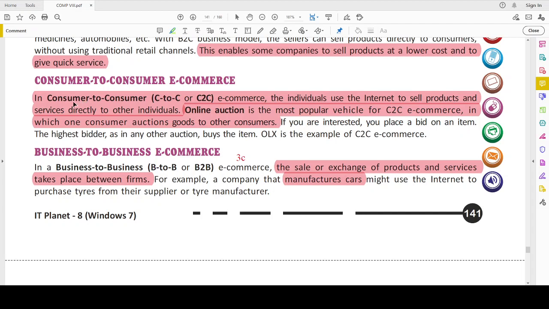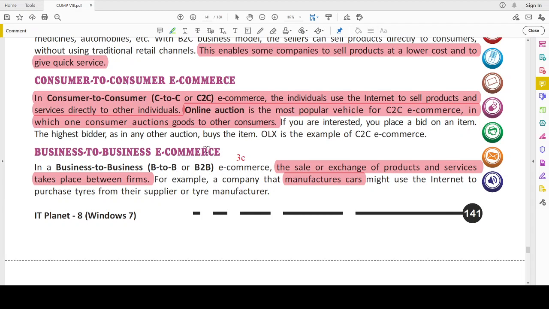You don't run a factory, you don't have a godown of cycles. He knows that you are selling your old or used item to another consumer, another person. So that is the difference. That is why it is consumer to consumer e-commerce. Okay.